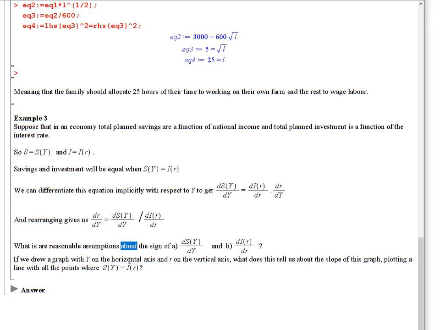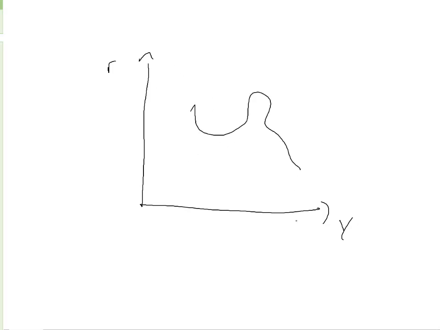So if we now do a graph with y on the horizontal axis and r on the vertical axis, what does that tell us about the slope of the graph? If we had a graph like this, with y along here and r here, so this is national income and this is the interest rate, and you wanted to plot a line showing all the points where savings equals investment, what would the slope of that line be?